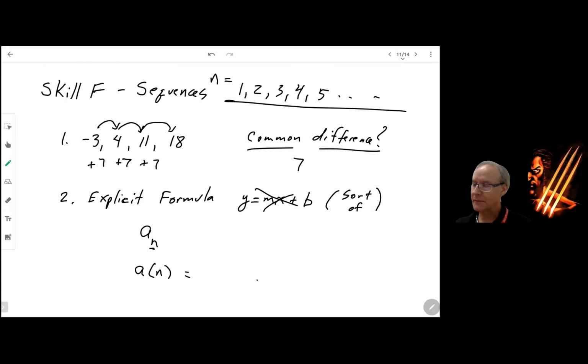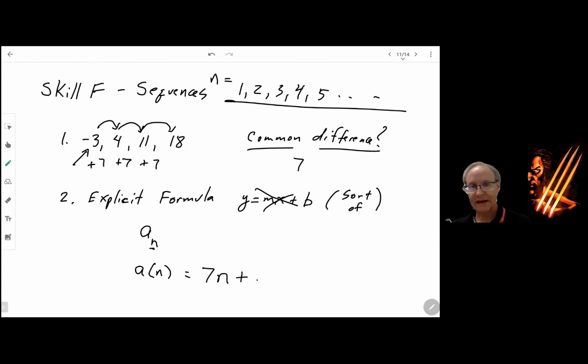We have a common difference or a slope of 7. Our variable is the n instead of the x. So instead of being mx, it's 7n. And we have to add the 0 term. Well, here's the problem. This number is the first term. In order to find the 0 term, you have to go 1 before.